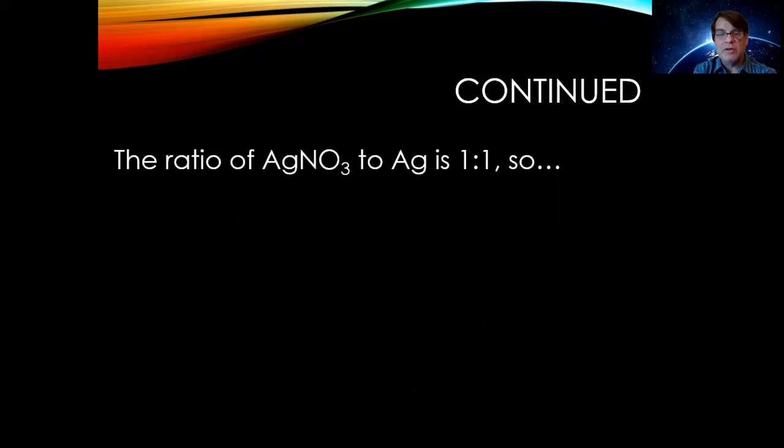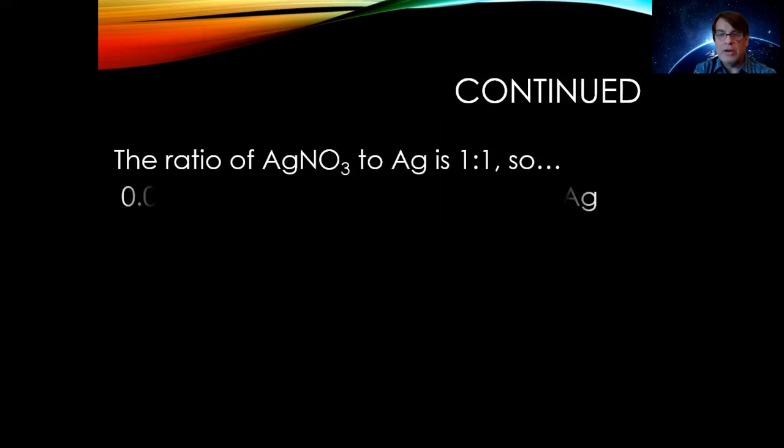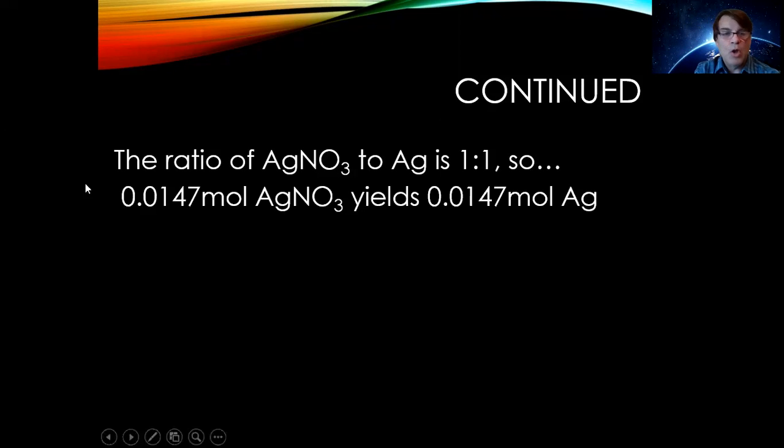So the ratio of silver nitrate to silver is 1 to 1. So if I'm trying to get from here to here, well, I need 2 of these to 2 of these, so it's 2 to 2, 1 to 1. And so I don't have to do anything with the prefixes. 0.0147 mole, 3 sig figs, of silver nitrate is going to yield 0.0147 moles of silver in theory, okay?